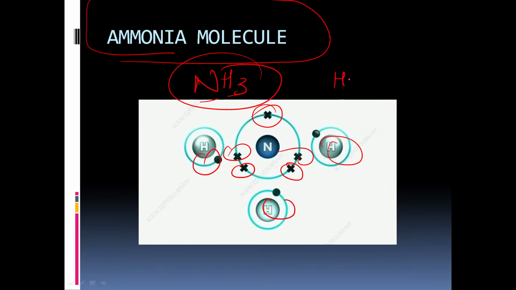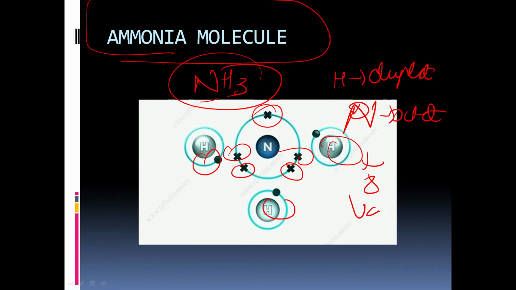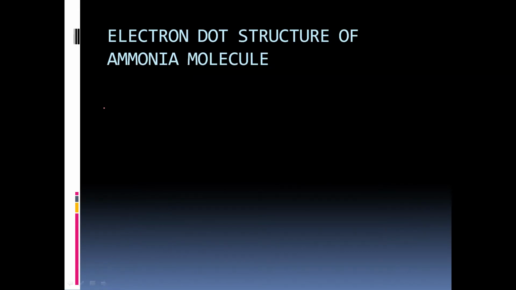So hydrogens need to complete the duplet and nitrogen wants to complete its octet. And in order to complete its octet, it needs 8 valence electrons. So it combines with hydrogens, right? And how does it combine? Let's see here. So nitrogen has 5 valence electrons plus it bonds with, not some, actually 3 hydrogens. Okay.